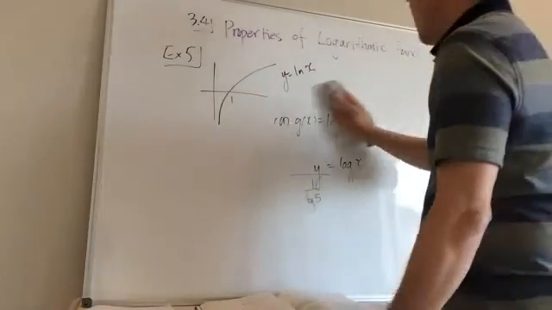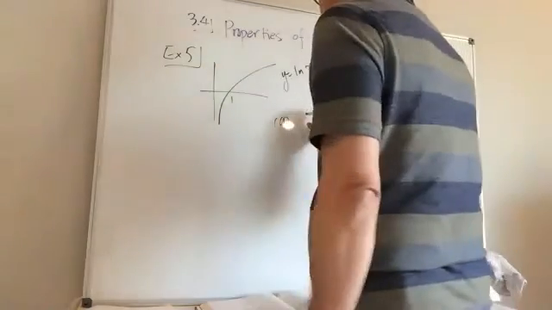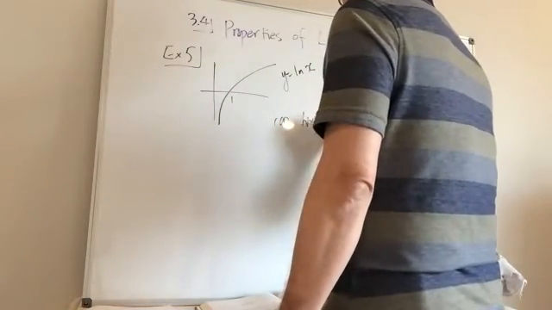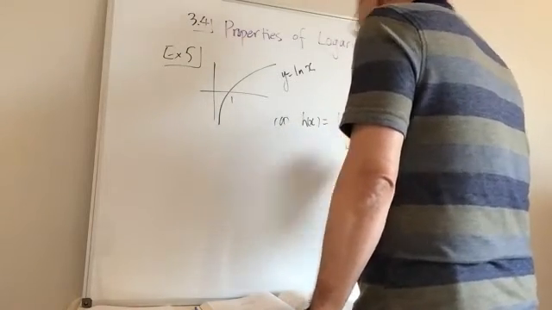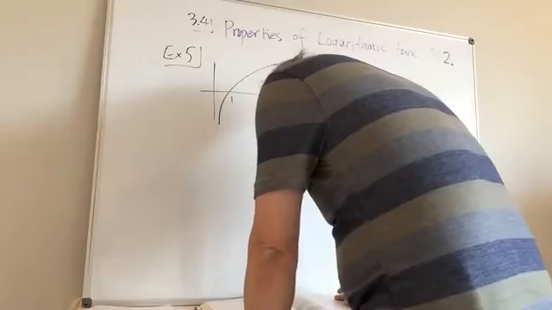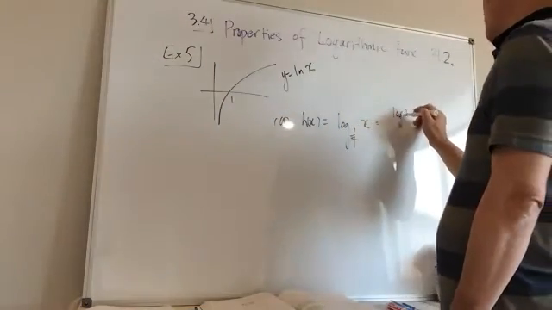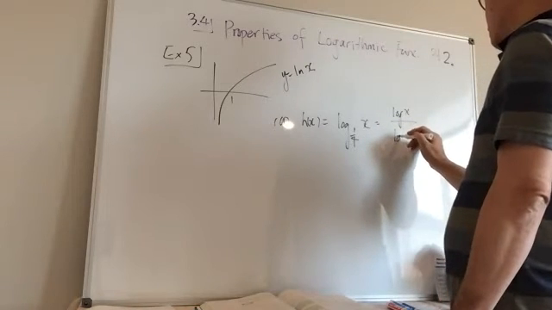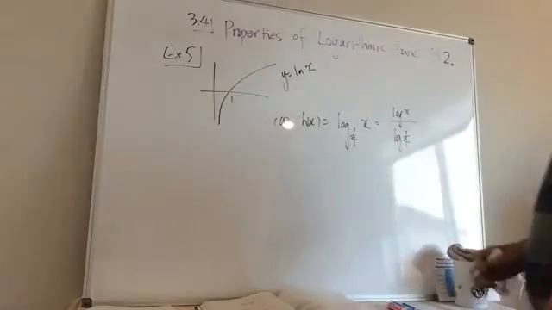So on B, we have h of x is equal to log base 1/4 of x. So it's kind of the same thing. It's going to be log of x over log of 1/4.